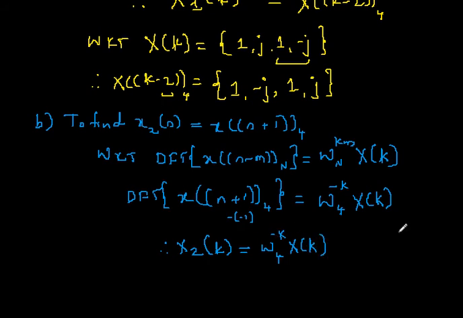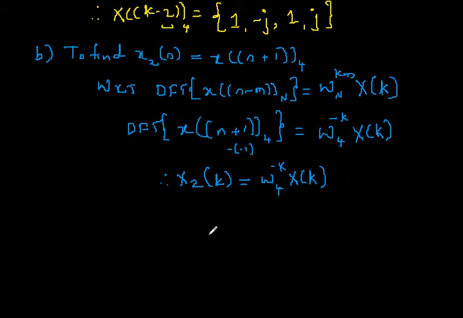Is that okay? Now I can simplify it further. Once we get this, just substitute for W4. What is W4? It is e to the power minus j 2 pi divided by 4 into minus k, X of k. Simplifying it further, what do I get? It is e to the power minus of minus, it becomes plus j, 2 ones are 2, twos are... So I'll get e to the power j pi by 2, X of k.